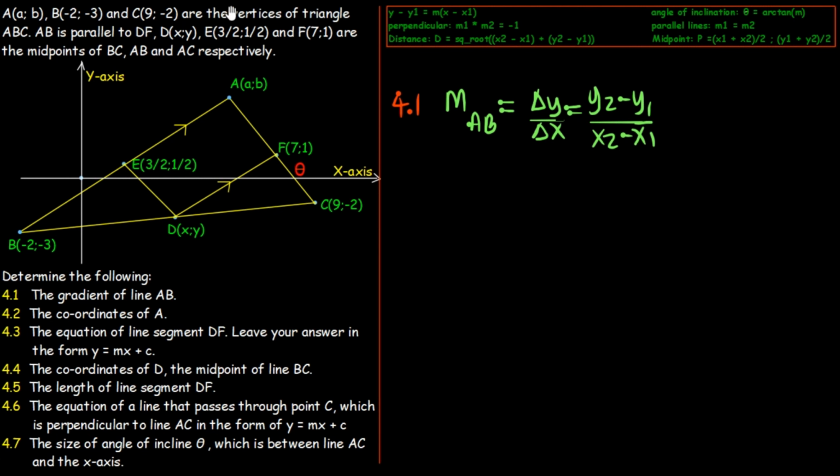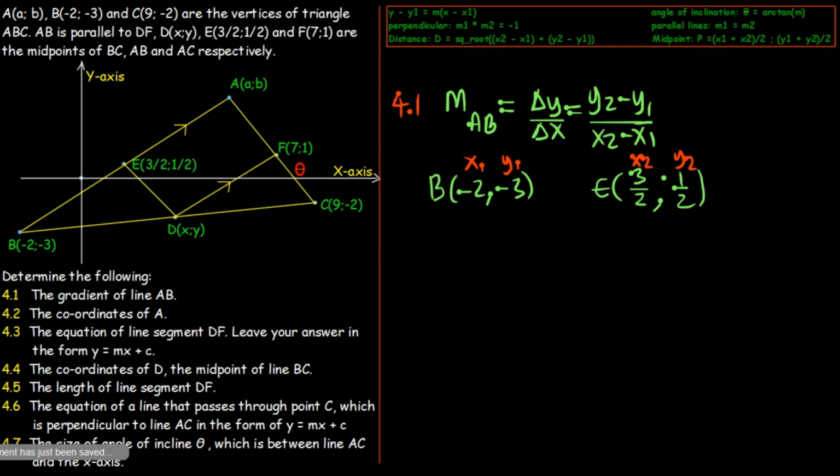All right. So our x1, y1 will be our B coordinate, and our x2, y2 will be our E coordinate. Now we can solve for the gradient of the line AB.